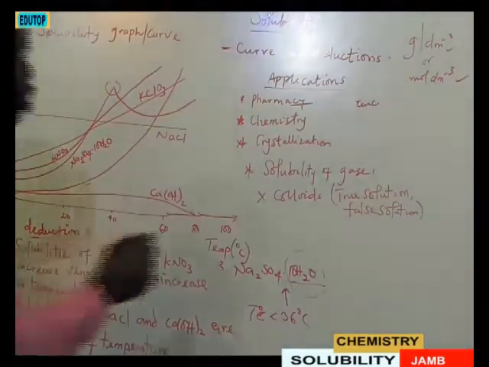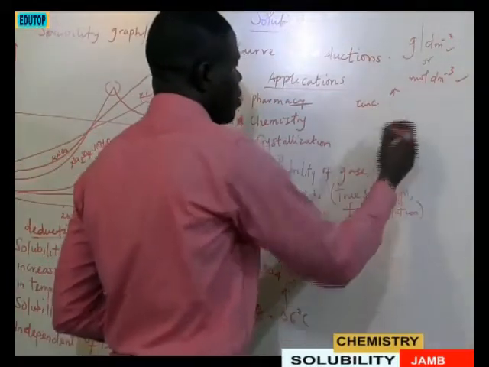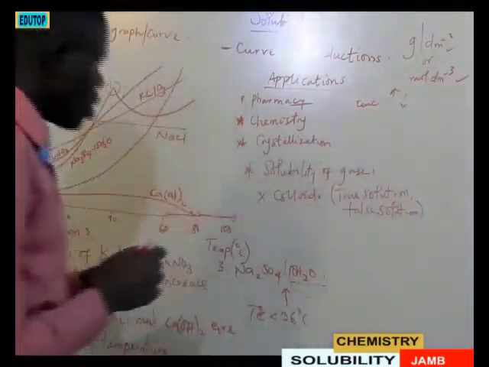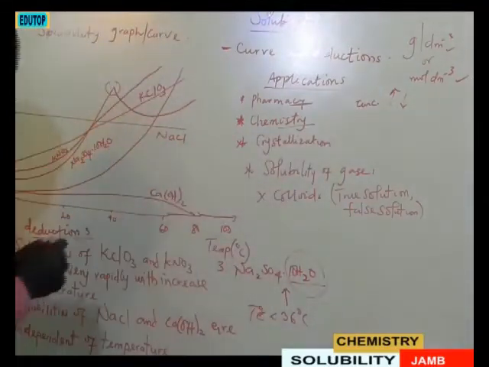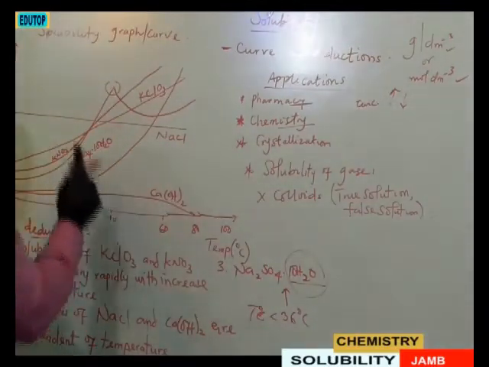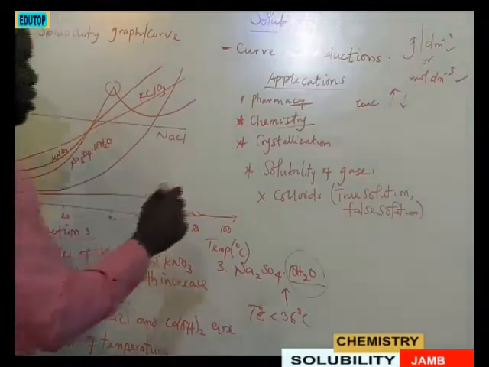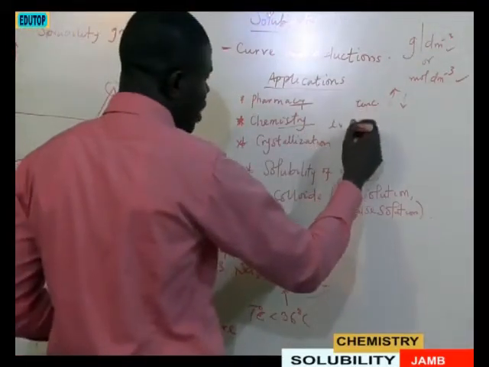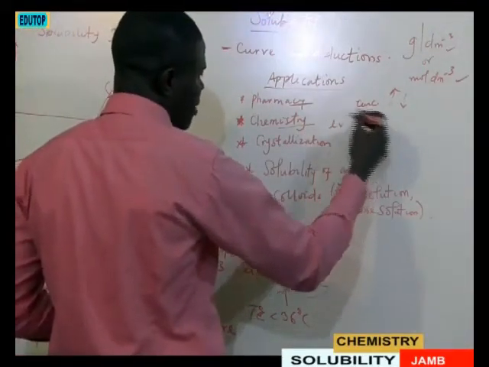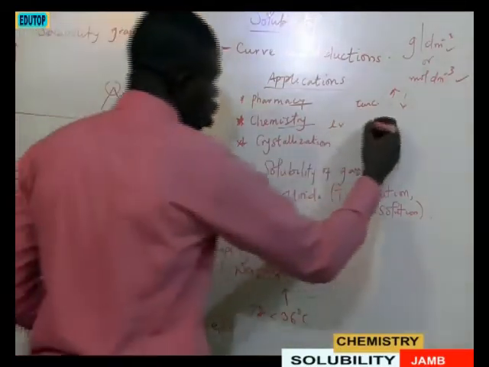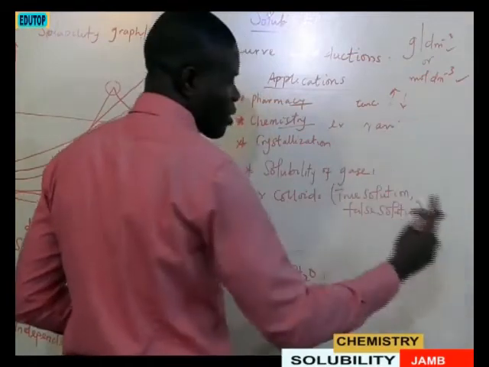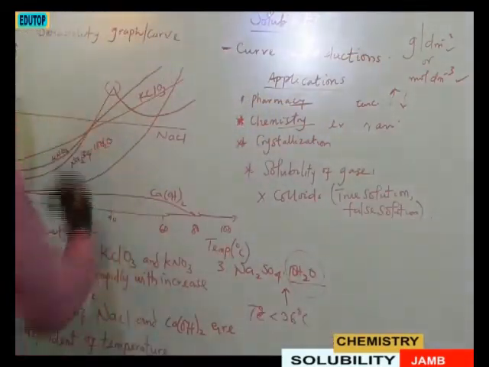The concentration must not be too high and it must not be too low. Then in chemistry, in research, we use this solubility curve to extract essential substances from the raw materials, such as the plants. So we also use this.